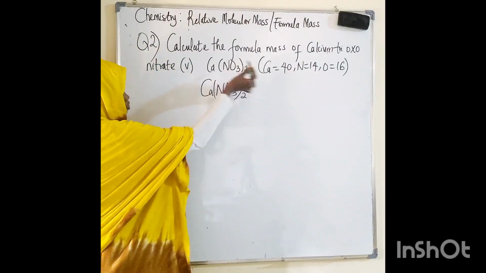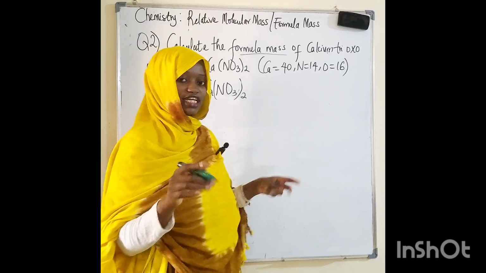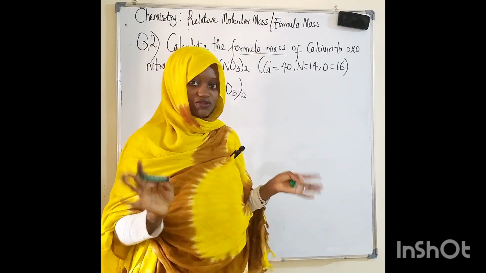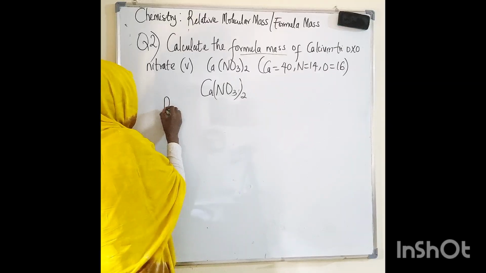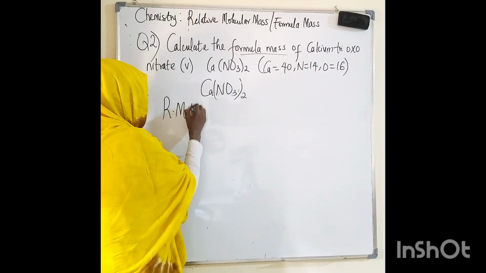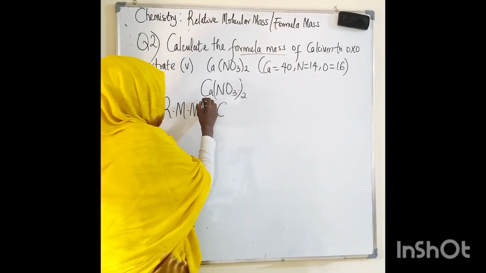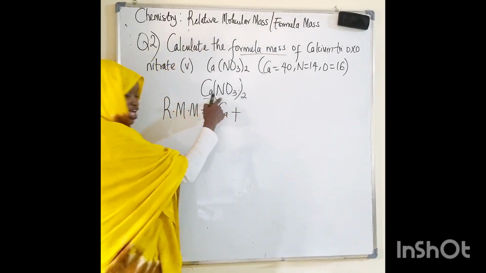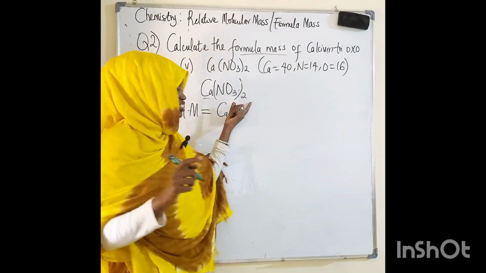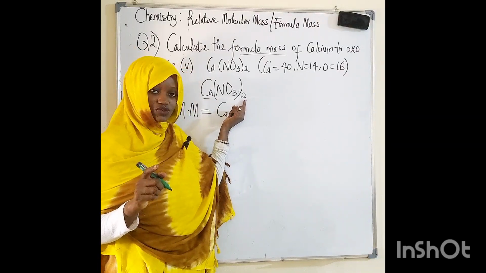Remember, another name for relative molecular mass is formula mass. So let's do this together. The formula mass, or relative molecular mass, is equal to the sum of the individual elements. The first element is calcium, plus nitrogen. Everything in the bracket is affected by the 2 in the subscript.